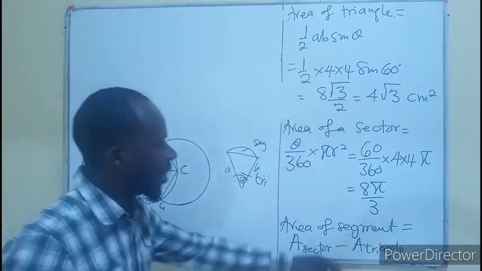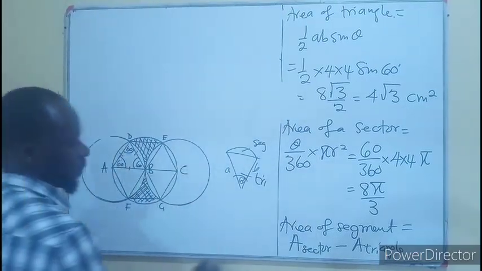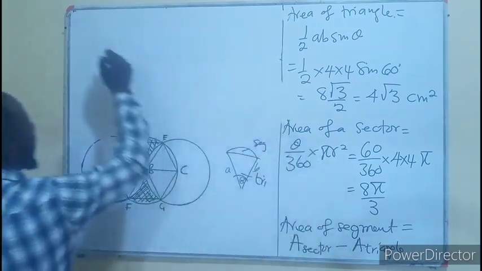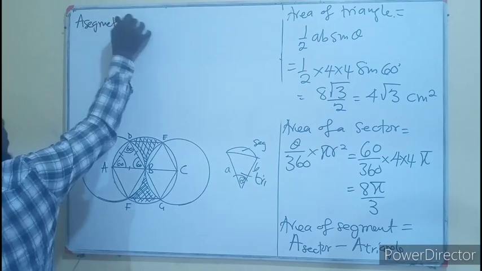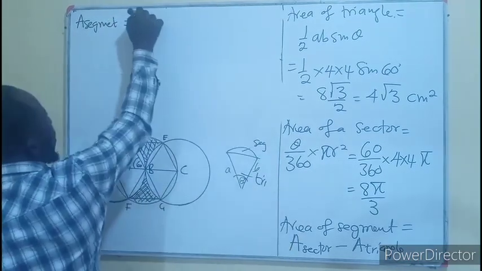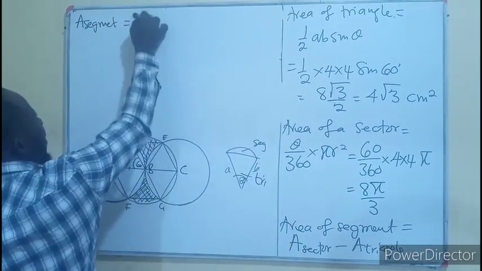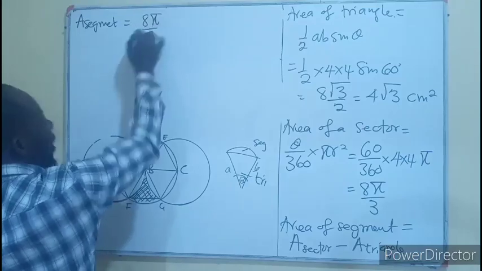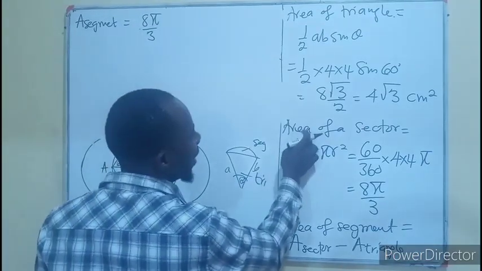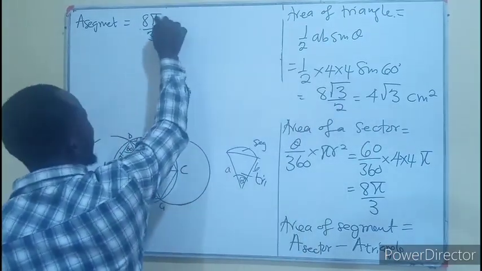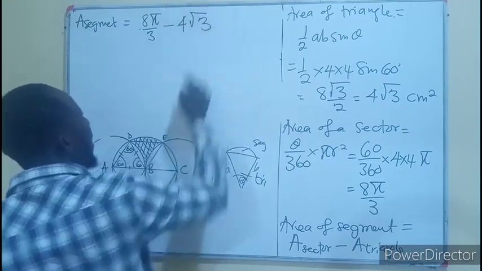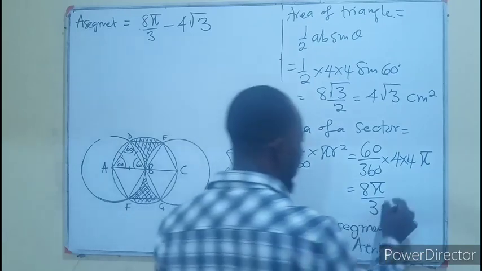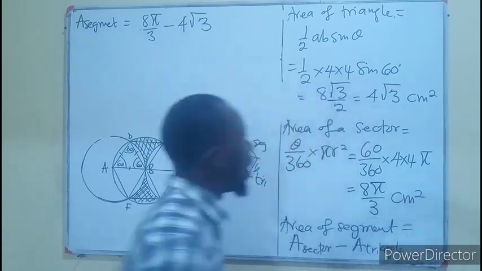So now we do our substitution, which is going to be area of a sector. So let's do area of a segment equals to, I think it will be 8 pi out of 3 as a sector, then minus the triangle, which will be 4 root what? 3.